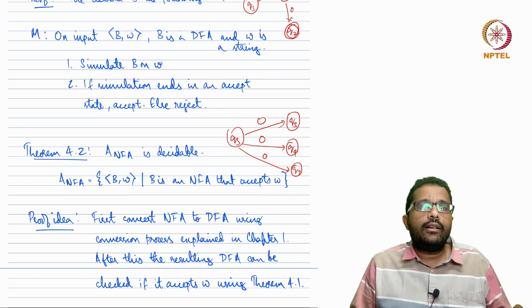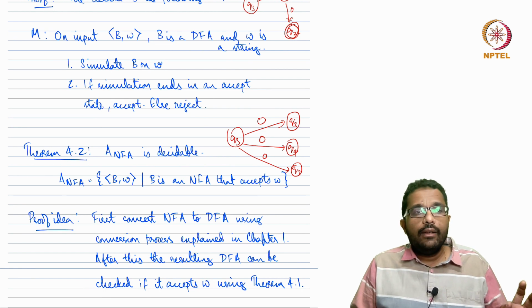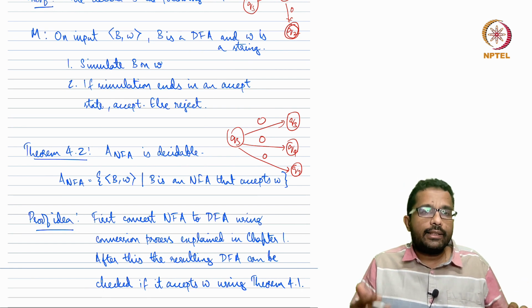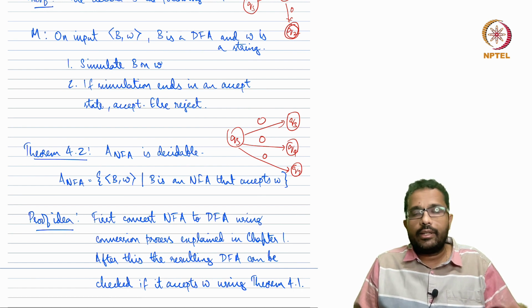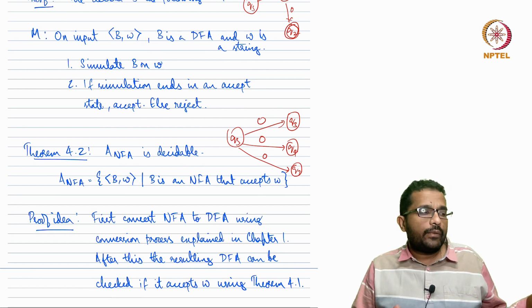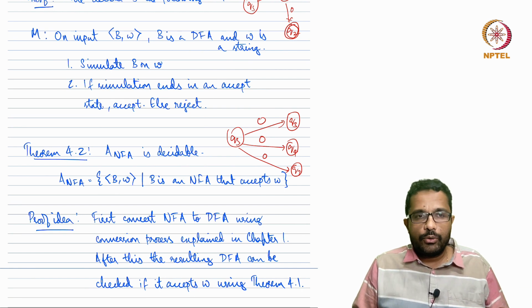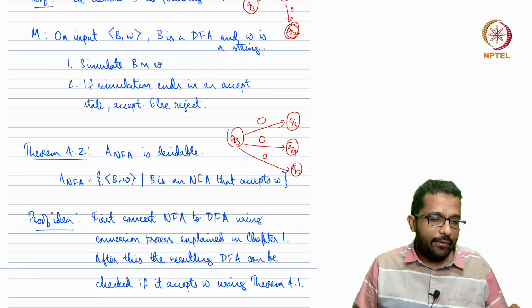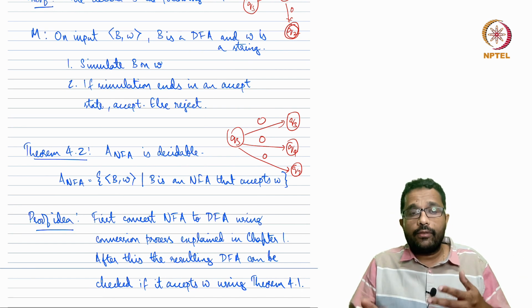So if you recall, when we learnt NFA the first time in chapter 1, we also learnt a theorem that says that NFAs are equivalent in power to DFAs, or in other words, we saw that given an NFA, you can construct an equivalent DFA, right? So if the NFA had, let's say, 5 states, the constructed DFA has 2 power 5 states.